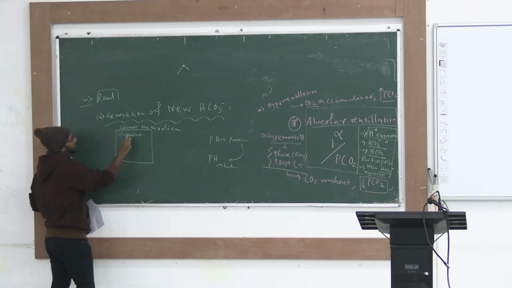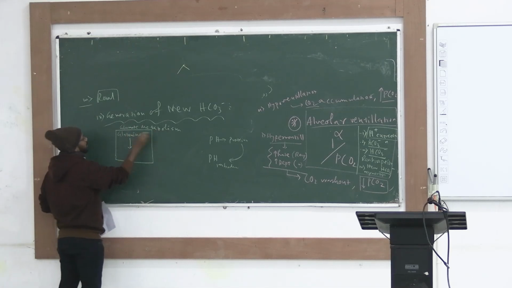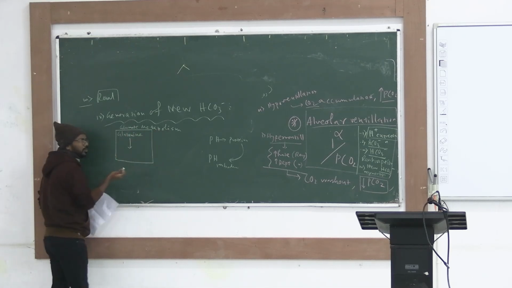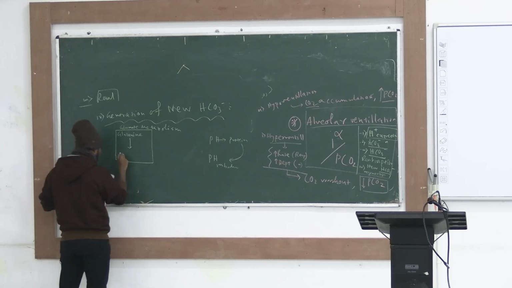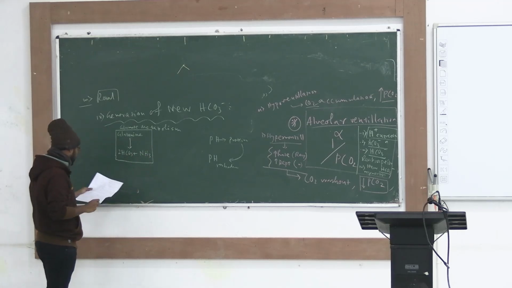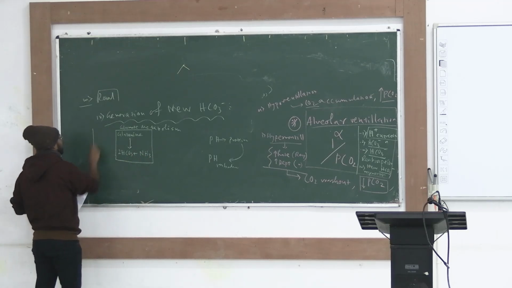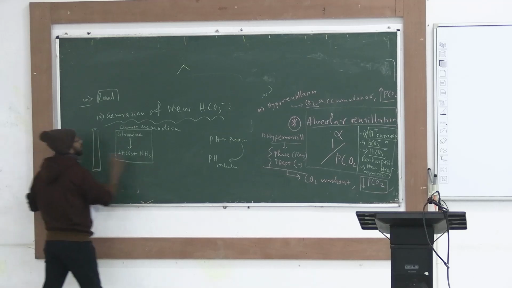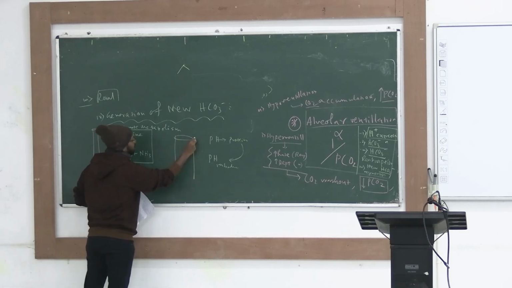As side products of this glutamate or glutamine metabolism, what is produced: 2 bicarbonates and 1 ammonia. This is produced here, okay.